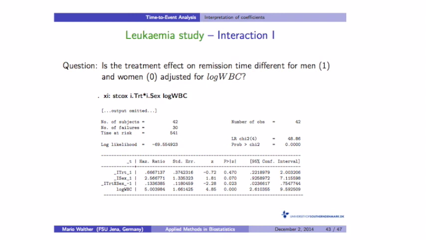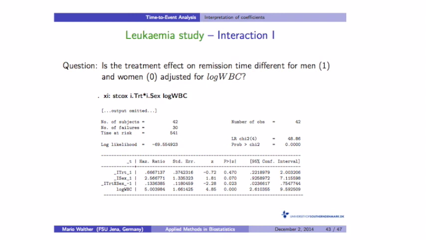Interaction can be answered in the same way. Here I would consider if the treatment interacts with the gender of the patients. That means, is the treatment effect on remission time different for men and women, adjusted for the logarithm of white blood cells?